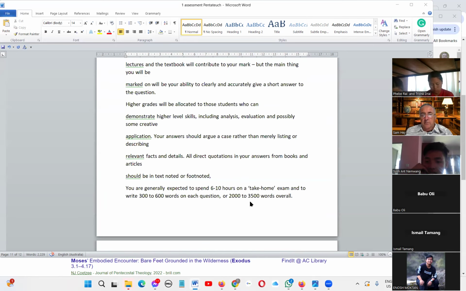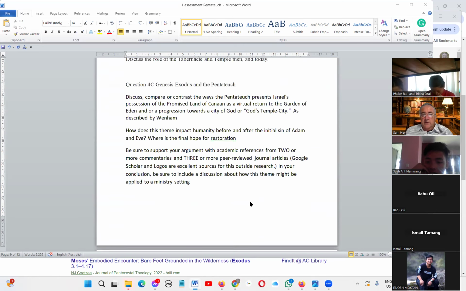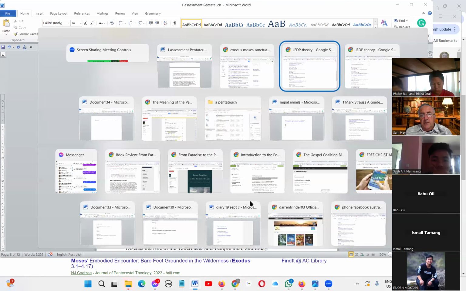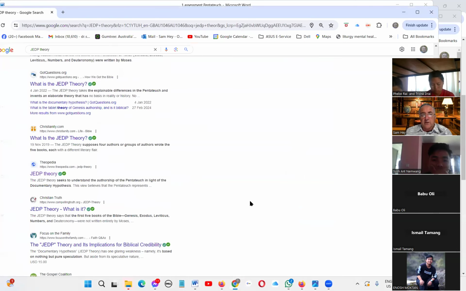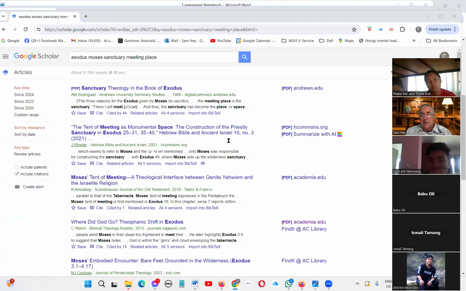But if you have more than one resource, you could get a higher mark. So for each of these, if you go to one resource in Google Scholar, then you would get a pass or a credit. But if you go to more resources in Google Scholar, then you may get a higher mark.